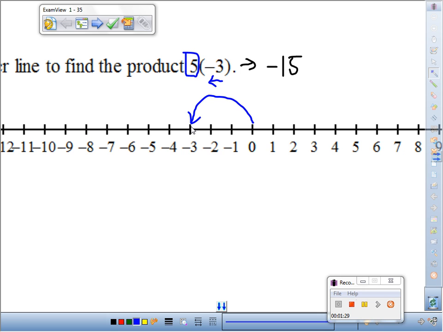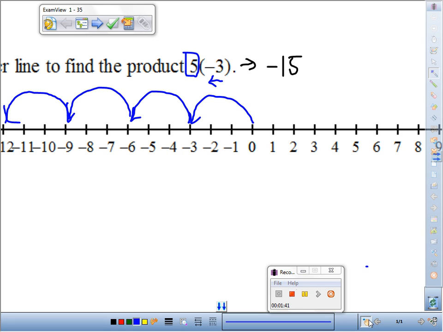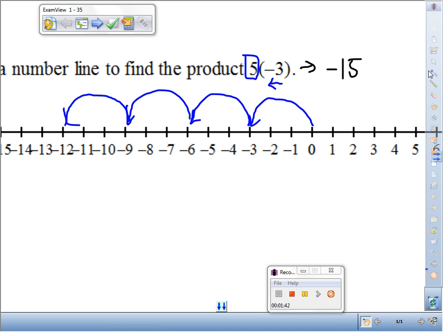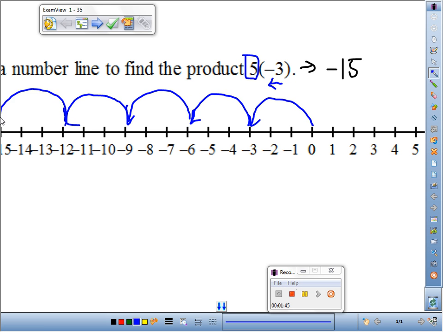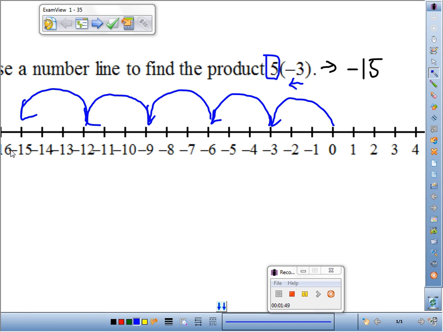How many times is that? 5. So this is 1, 2, 3, 4, and 5. And that's how we land on negative 15.